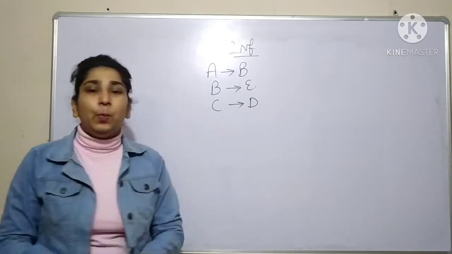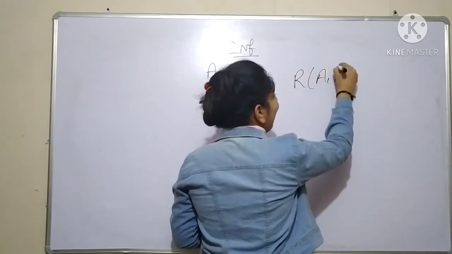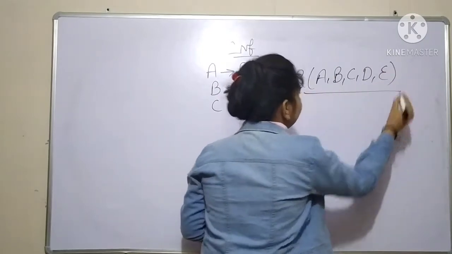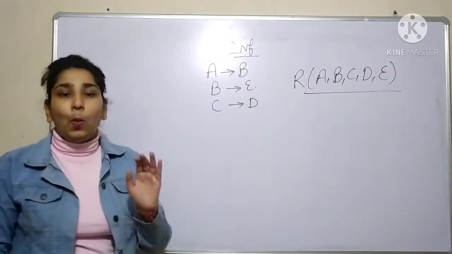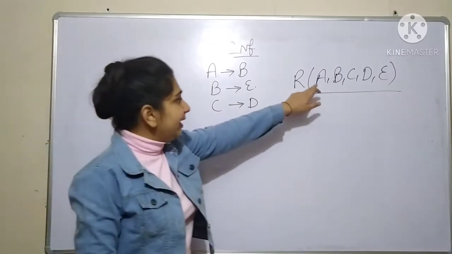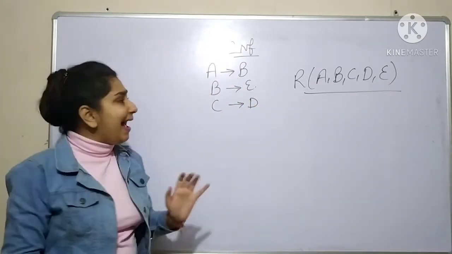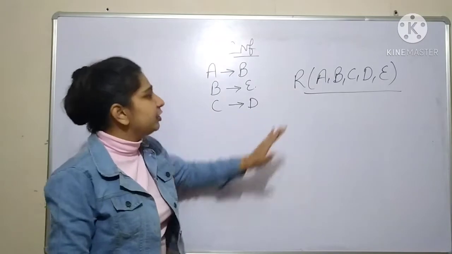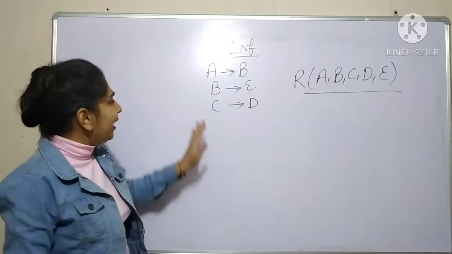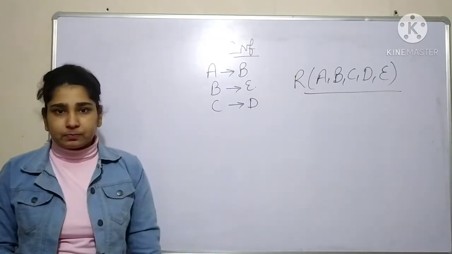Firstly, we have one table in which 5 attributes are present: A, B, C, D and E. By looking at the attributes of the relation, we are determining the various kinds of functional dependencies of this relation.